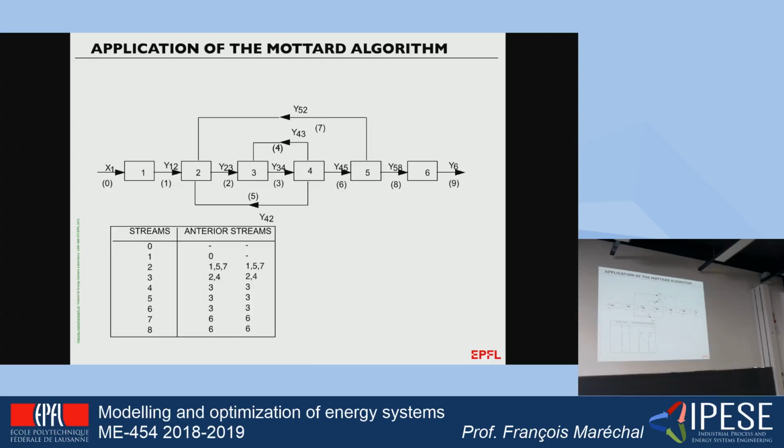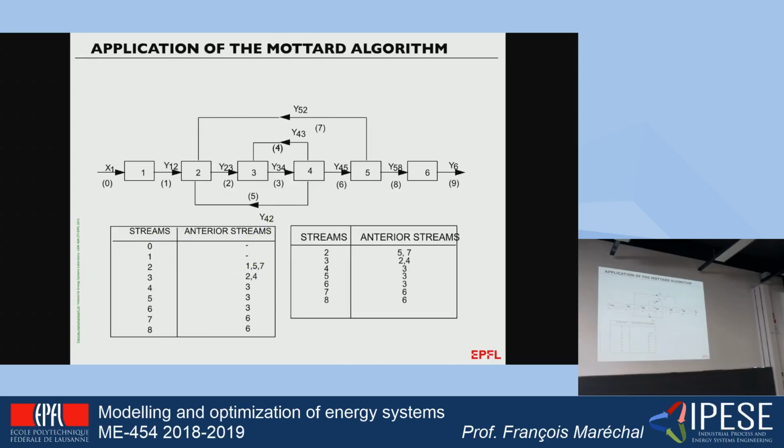So I'm making the list, updating each time. Each time I'm seeing 0 here, I'm going to replace it by nothing, because I know it. Then I can see that the 1 has nothing, so it can also disappear, and I have a new list which is given here.